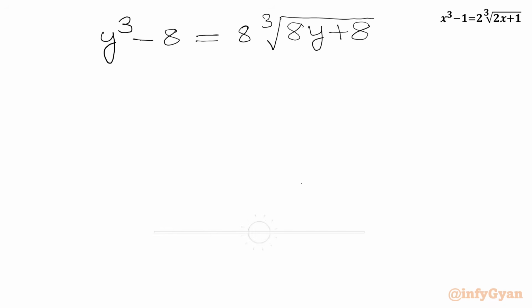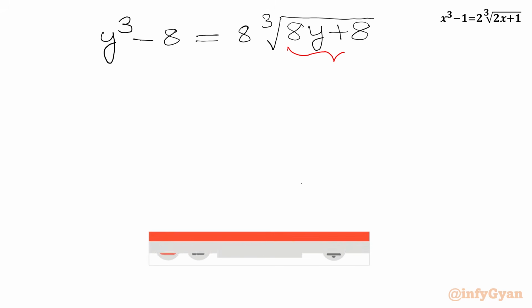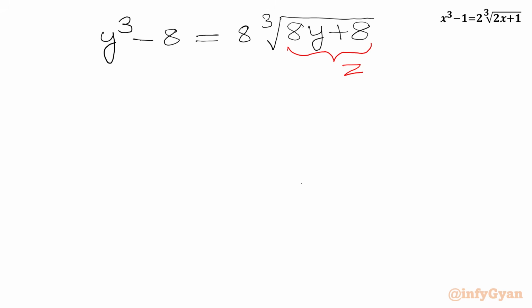Let me write our equation here. Let's use substitution. I will consider 8y plus 8 equal to z cube. So our first equation will be y cube minus 8 equal to 8 times cube root of z cube, which is 8z.